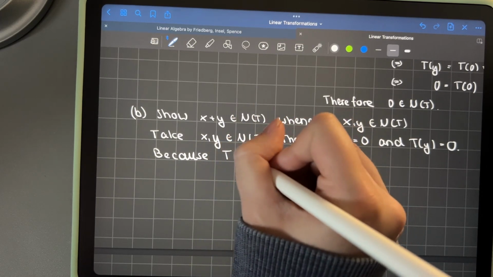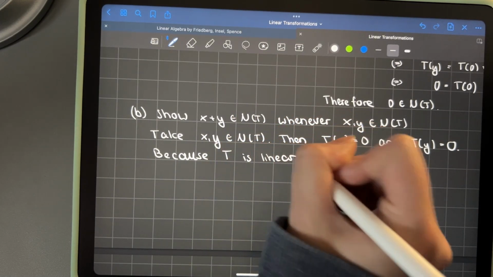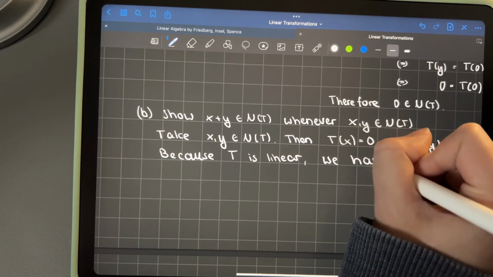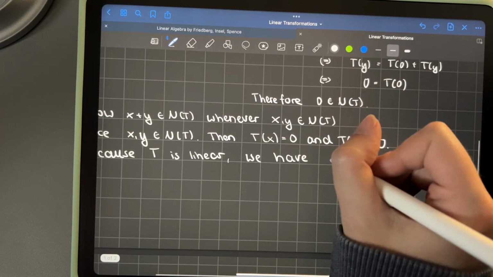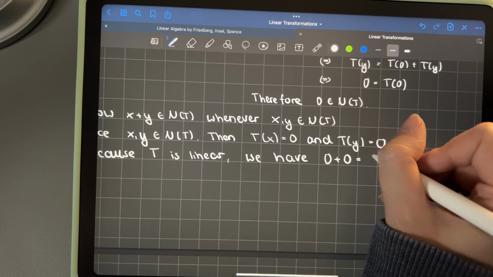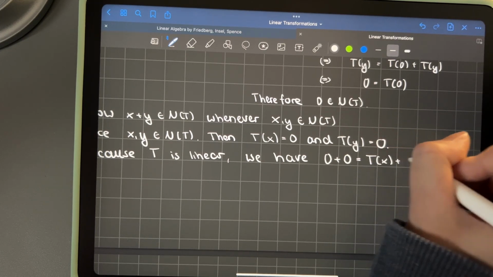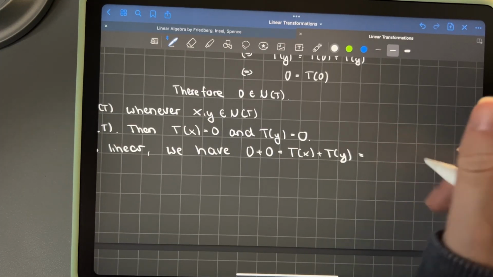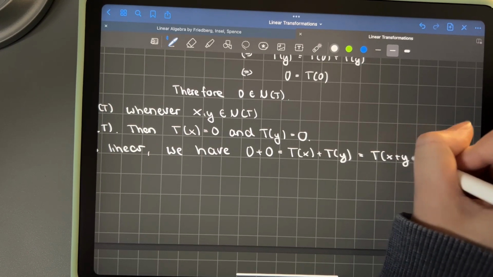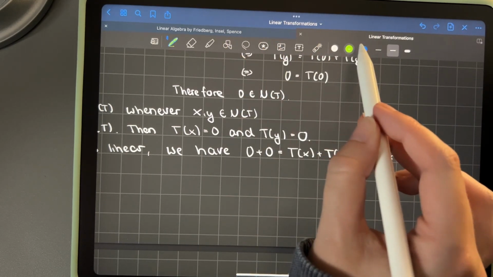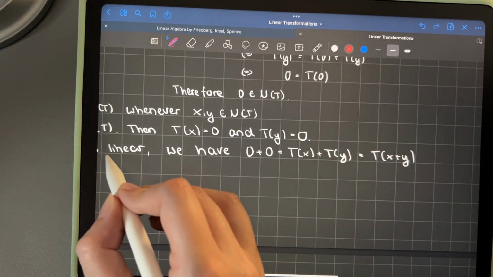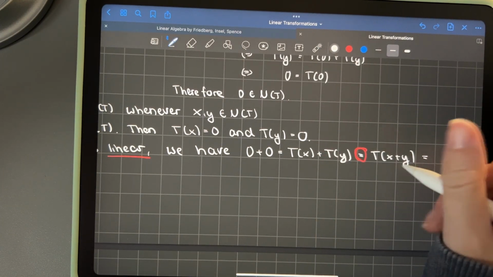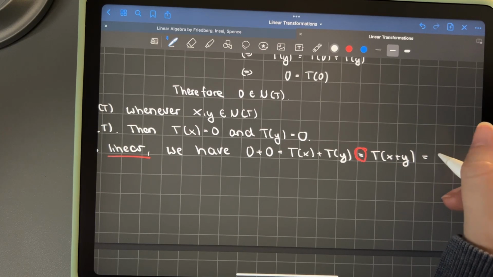Now because T is linear, we have 0 plus 0 equals T of x plus T of y, and that is the same as T of x plus y, because it's linear, we get this equal sign here, and so this also has to be 0.